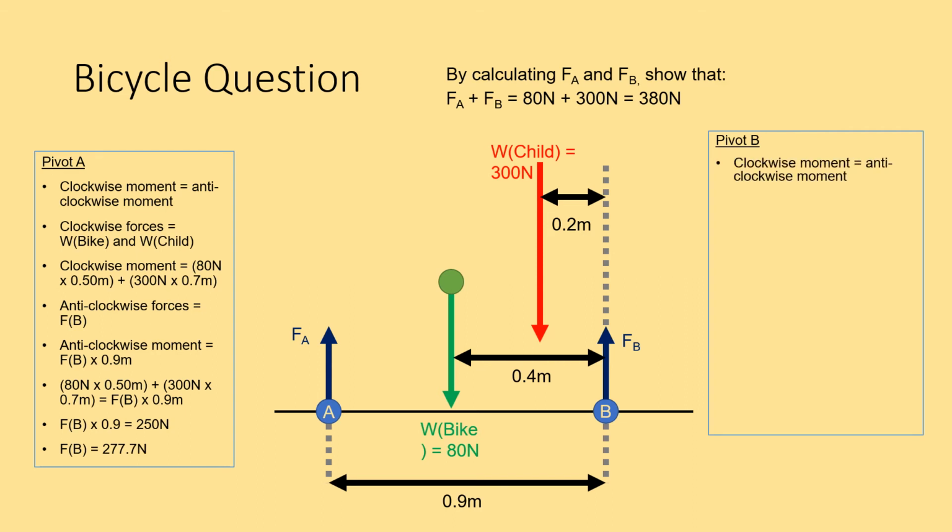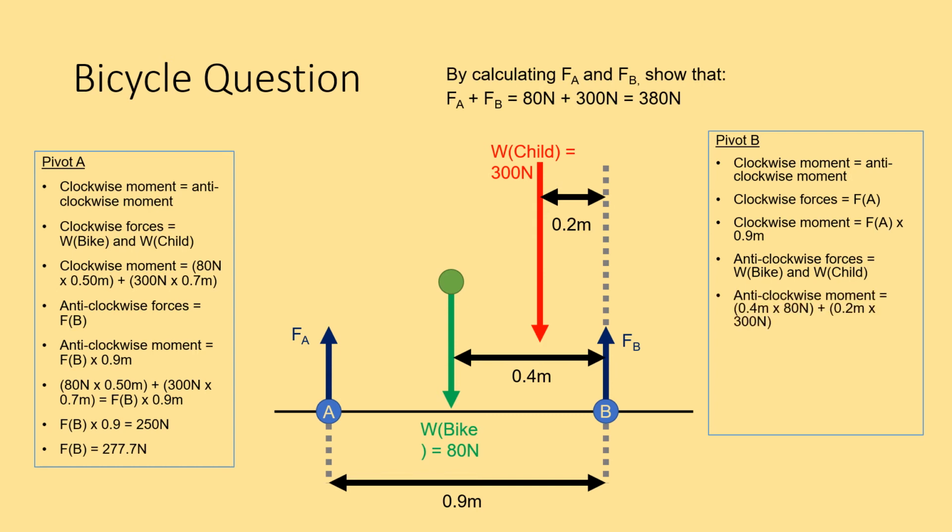But let's look at the other side. Pivot B, the clockwise moment is equal to the anti-clockwise moment. Again, there is no rotation. The clockwise force is force A, that's trying to force it clockwise. The anti-clockwise forces, therefore, are the weight of the bike, the weight of the child. I missed the concept of clockwise moment, sorry. Clockwise moment is force times 0.9.